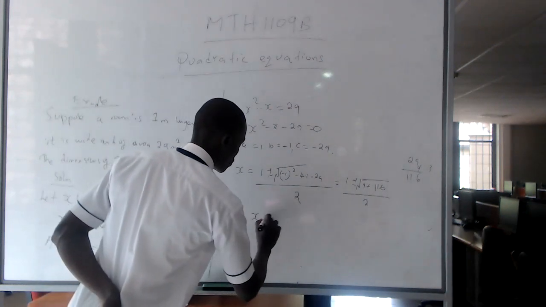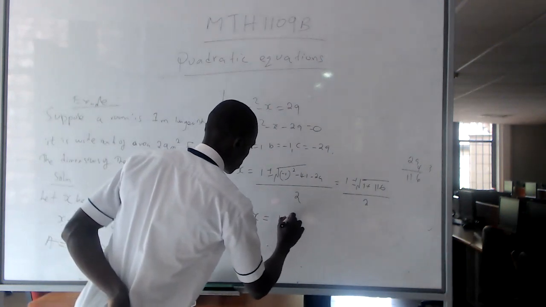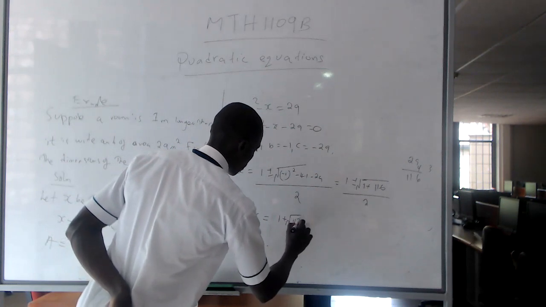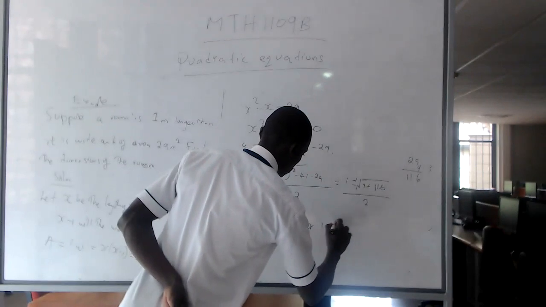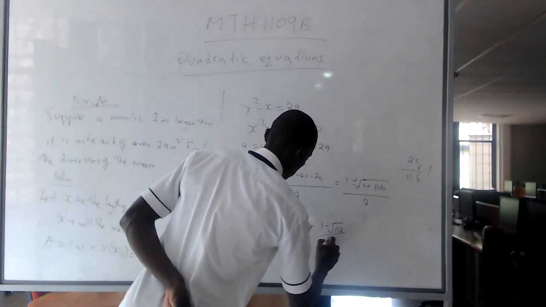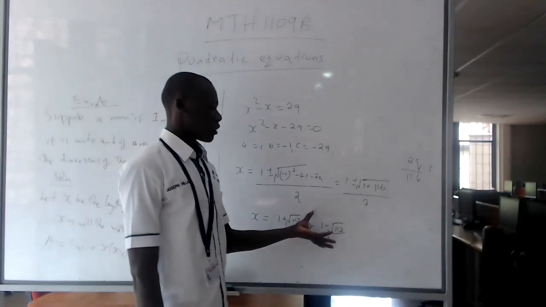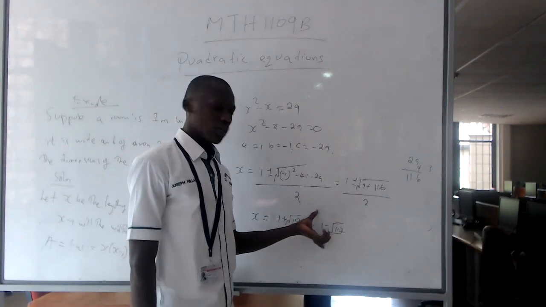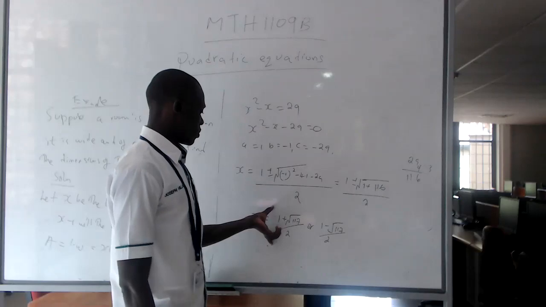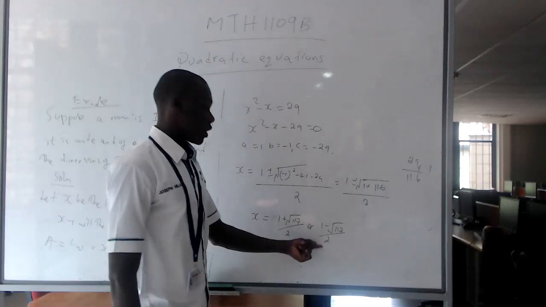Therefore, the solution will be 1 plus root 117 divided by 2, or 1 minus root 117 divided by 2. Clearly, this second term is negative, and length cannot be negative. So we will ignore this and take the first term. You cannot have a negative length.